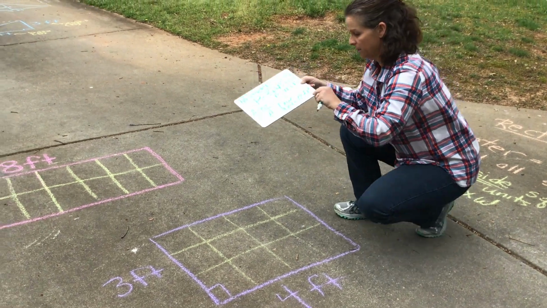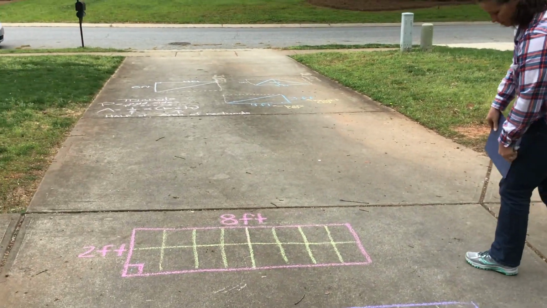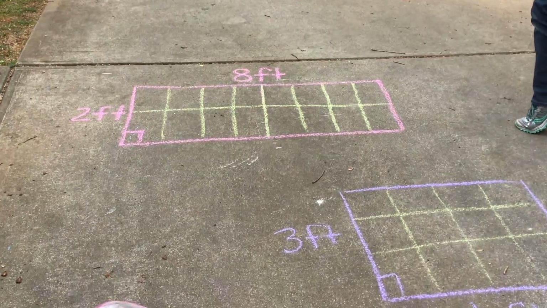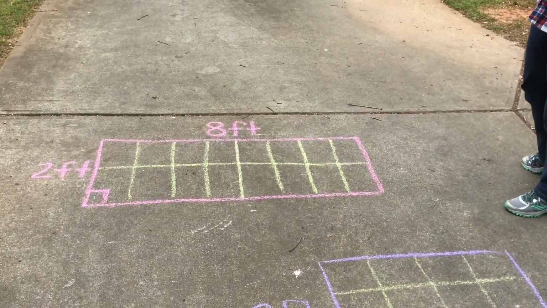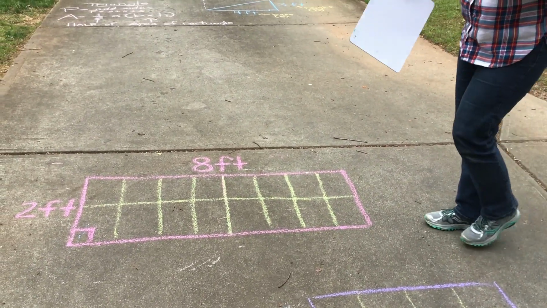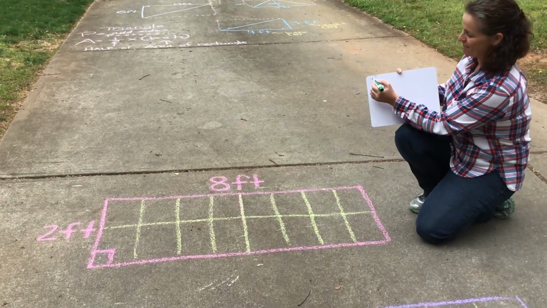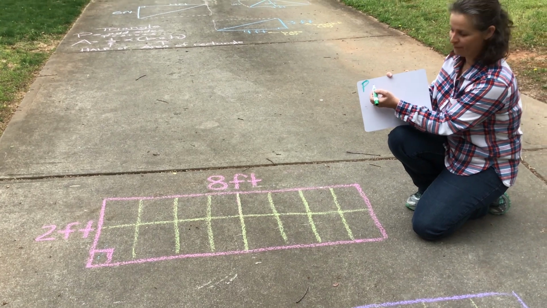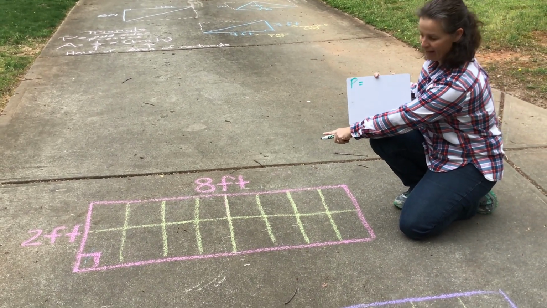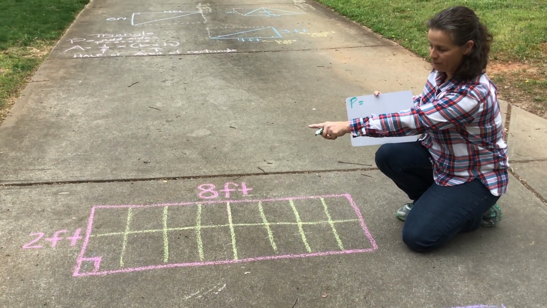All right, let's check out this rectangle, the pink and the yellow one. To find the perimeter of this one, we're just going to use capital P for perimeter. I have 8 feet for my width and 2 feet for my length.